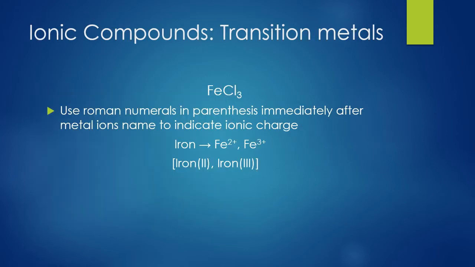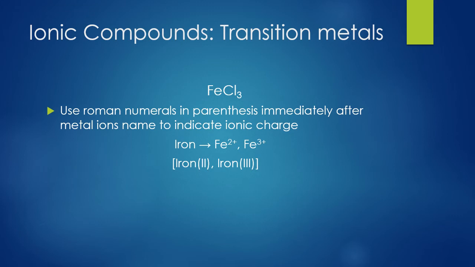So how are we going to figure it out? Well, given this example, FeCl3. I would identify that as an ionic compound because iron's a metal and chlorine is a nonmetal. But I can't just name it iron chloride and be done with it. Why? Because the metal involved is a transition metal. And since the transition metals can have multiple different charges, I need to somehow indicate when I'm naming it which ion it is.